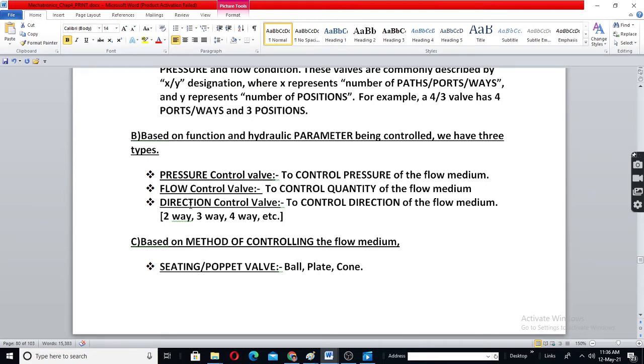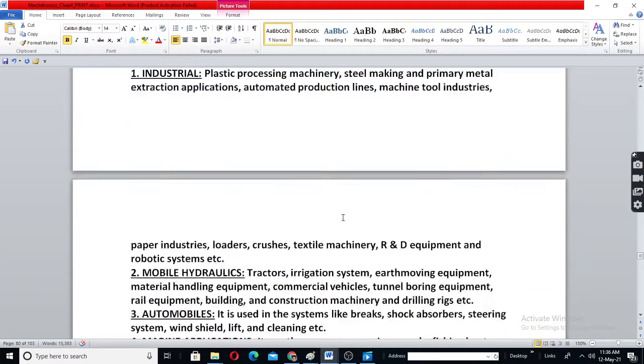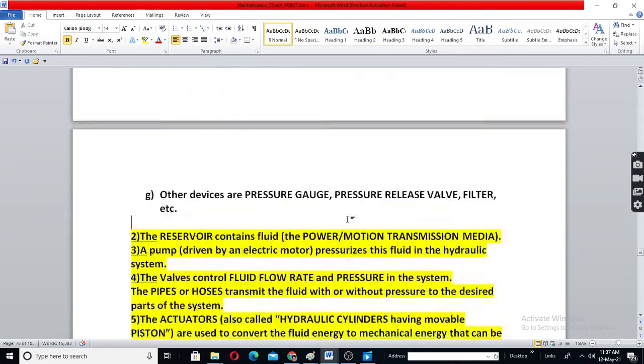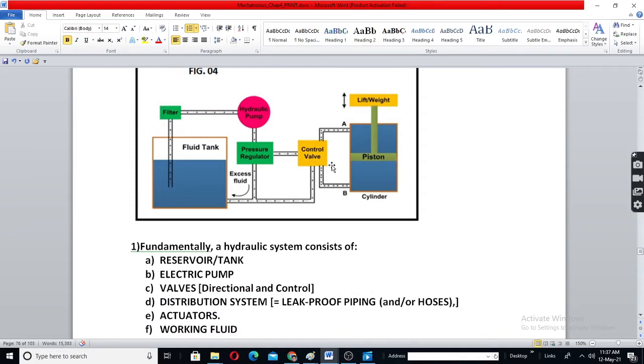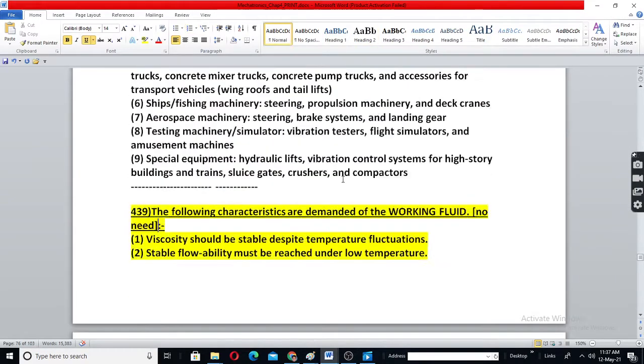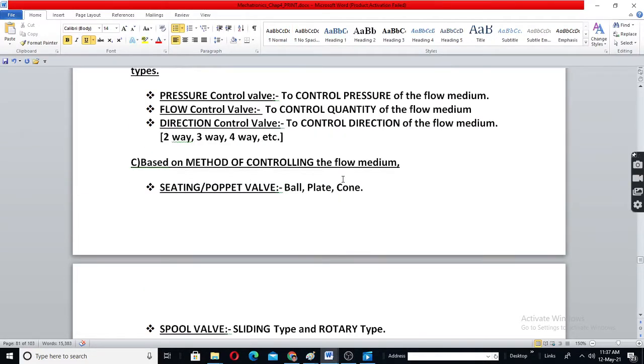Next, we have direction control valve to control the direction of flow, that is to which port, which pipe we should connect. So this is the direction control valve. Okay.